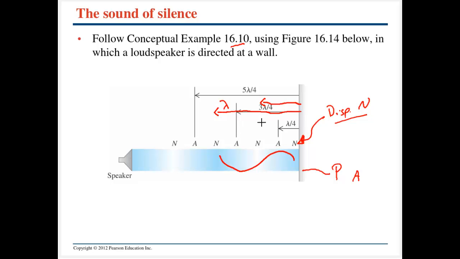Therefore, the antinodes are going to be at lambda over 4, the wavelength over 4, and 3 lambda over 4 for the next displacement antinode. This is going to correspond to pressure antinodes, nodes, antinodes, nodes, and so on and so forth. So really, what we have to be careful of is whether we're talking about displacement or pressure as we start to look at standing waves in pipes.